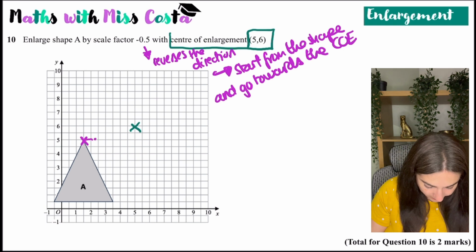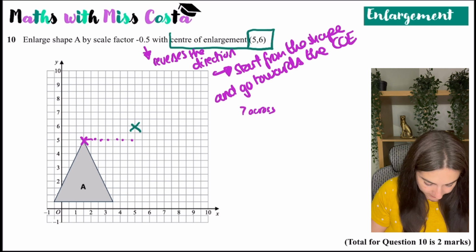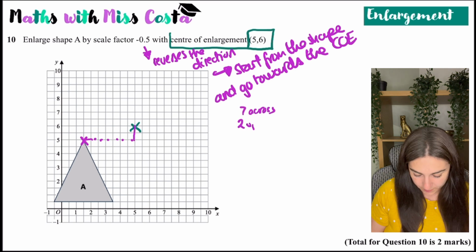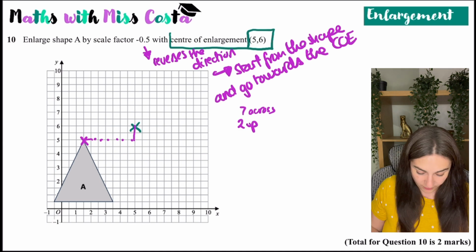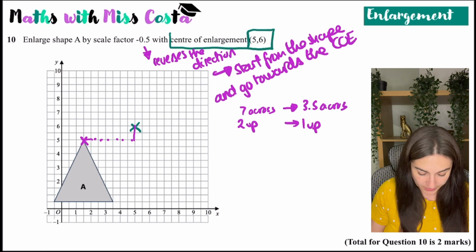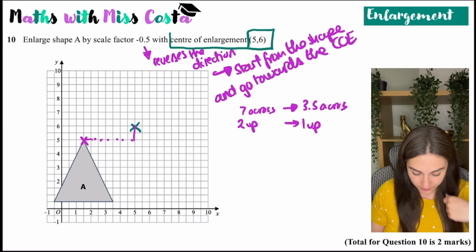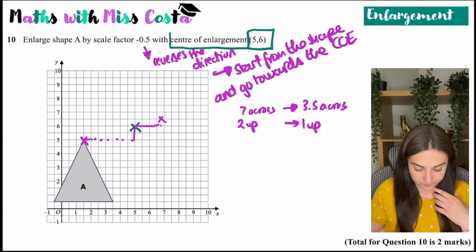So I go 1, 2, 3, 4, 5, 6, 7 squares across, and then 2 up. And what I need to do is multiply that by 0.5. So that would be 3.5 across and 1 up. So from the center of enlargement, that's what I do. 3.5, and then 1 up. That is where that coordinate would be.